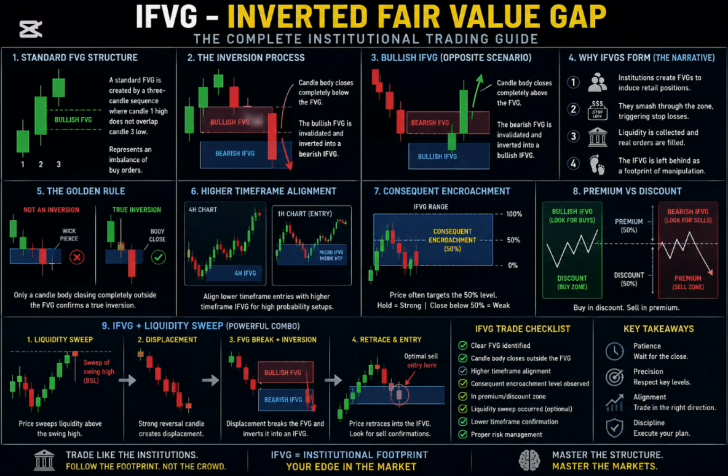The old supply zone has officially transformed into a high probability demand zone. As a disciplined trader, you now wait patiently for price to drop back down into it. When price mitigates the onset of this newly formed bullish inverse fair value gap, you look for entry.